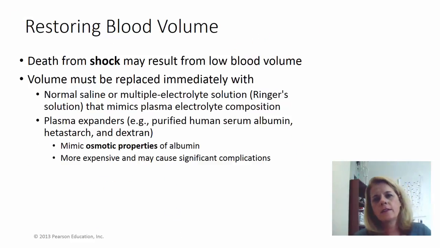All right. And sometimes you have to restore blood volume, and that's why it's important to get that blood into you quickly, because if you're bleeding out with large volumes, you're going to lose your blood pressure. So volume is what's keeping your blood vessels full and keeping your blood pressure up. And so if you lose a lot of blood volume, you may have shock.